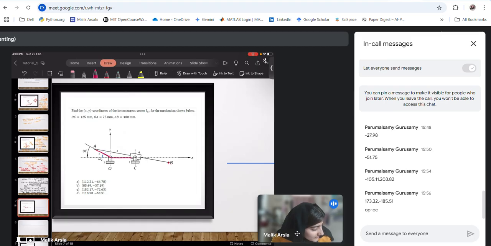So this whole length is known to us. Now what we need to find is I13. So this is I12, right? This is I12. This is I23.